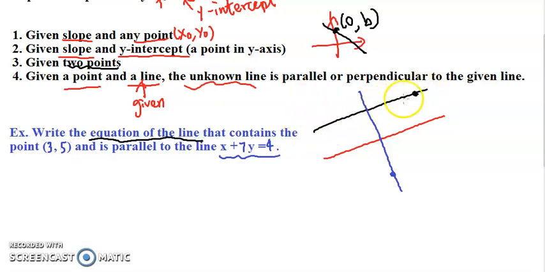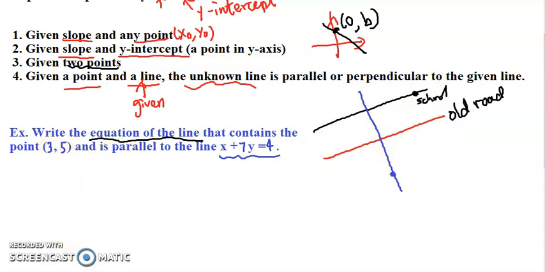The new road we want to construct is the black one. This is the old road, and we want to construct a new road that goes through the school right here, and is also parallel to the old road.